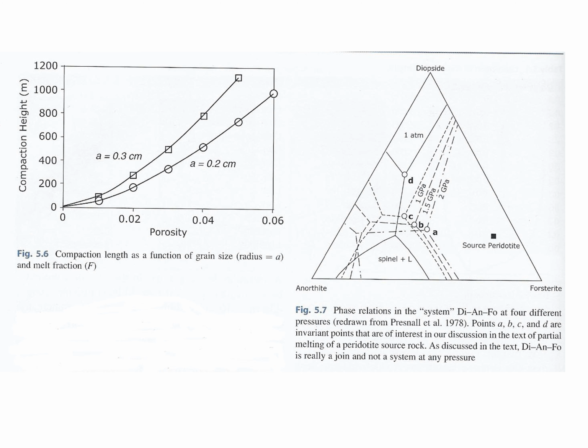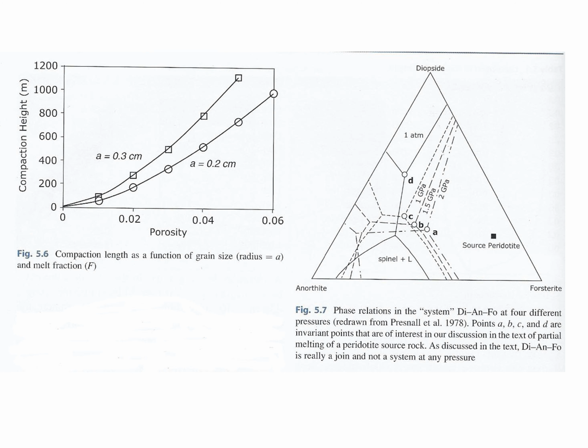And then we have here the melt relationships, A, B, C. What is written here: phase relations in the system diopside, anorthite, forsterite at 4 different pressures. These are the pressures here. Points A, B, C, and D are invariant points that are of interest in our discussion in the text of partial melting of a peridotite source.